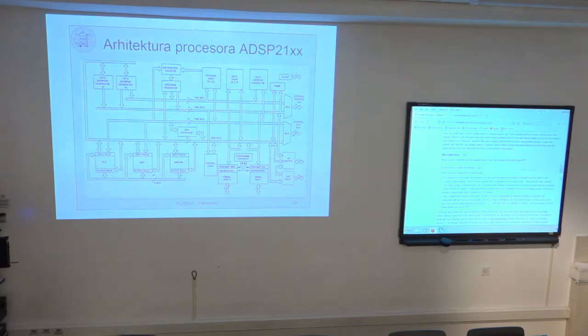It has several executional units, 3 in particular: arithmetic logic unit, multiply accumulate unit, and a shifter unit. Each of these 3 units is dedicated to a particular set of assembler instructions. We will show later on examples of assembly instructions executed in this execution unit, in this one, or in that one.